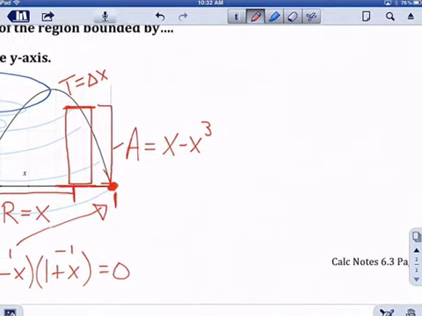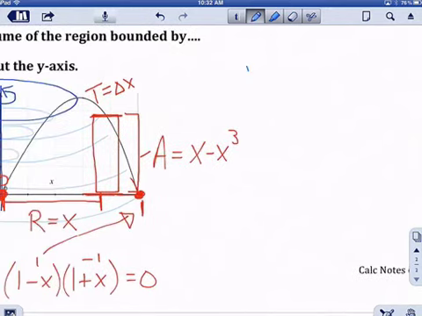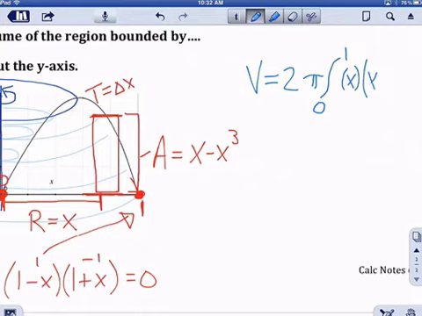Okay, so let's go ahead and find the volume now. The volume is going to be 2 pi times the definite integral from 0 to 1 of rat, R-A-T. So R is x, A is x minus x cubed, and t is just dx.